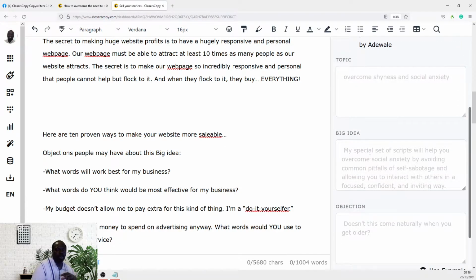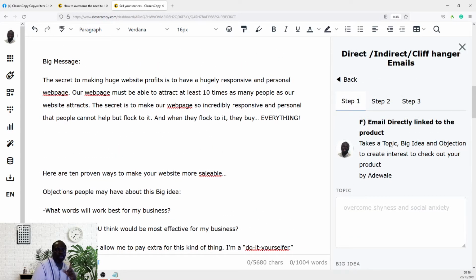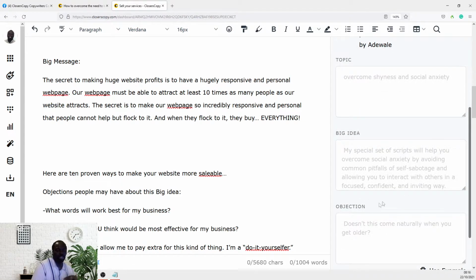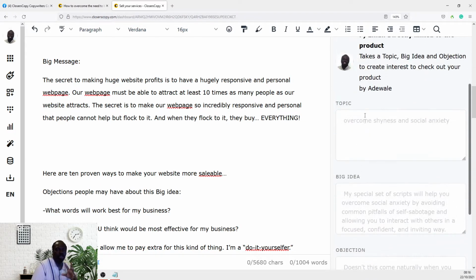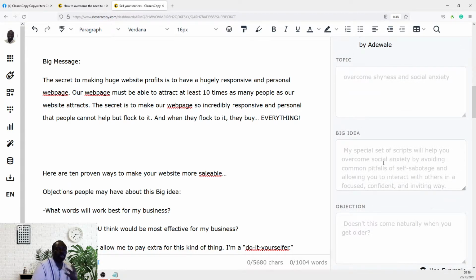Actually, sorry, this first one is writing around an objection. So what you do is you copy your topic, you copy your big idea, and you copy one of the objections. And so what it will do is produce an email around the objections.